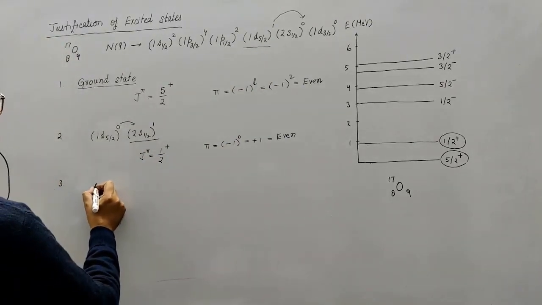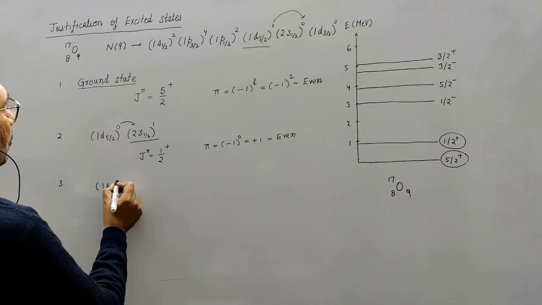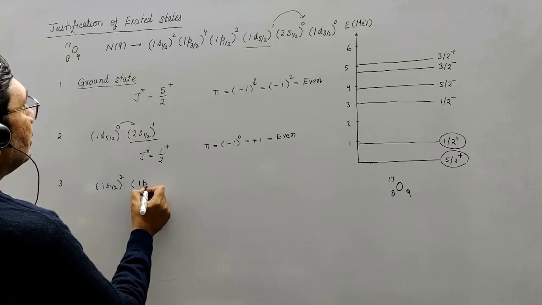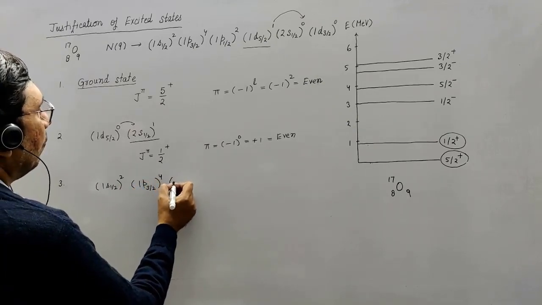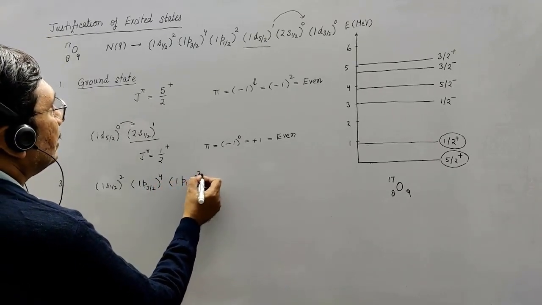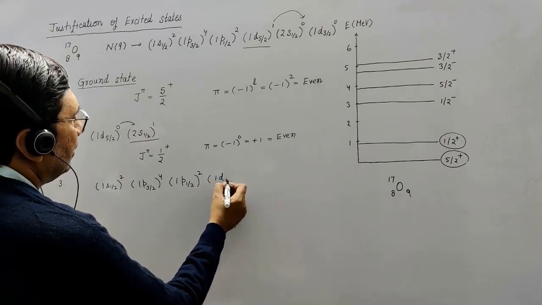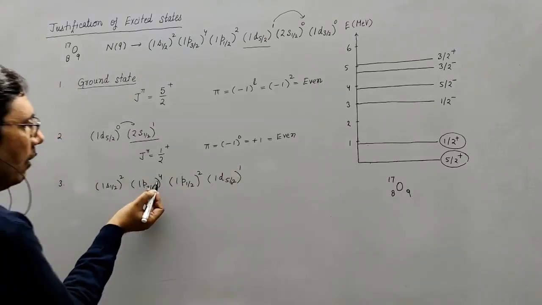So what I am saying is, if the energy levels will be like this: 1s 1/2, it will be 2 here, and this will be 1p 3/2, it will be 4 here, 1p 1/2, 2 here, and it is 1d 5/2. This is the energy sequence up to this point.